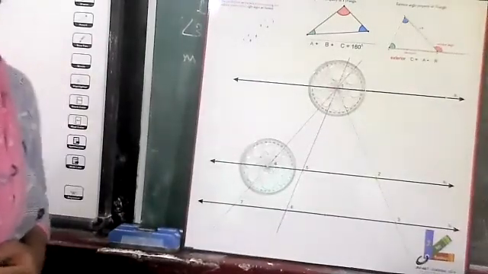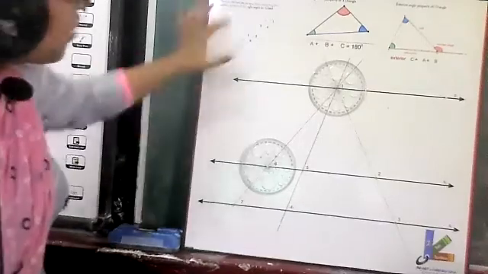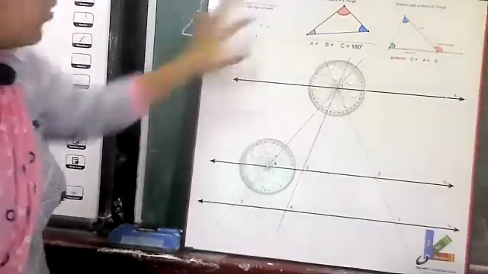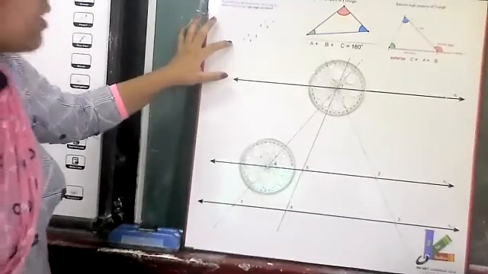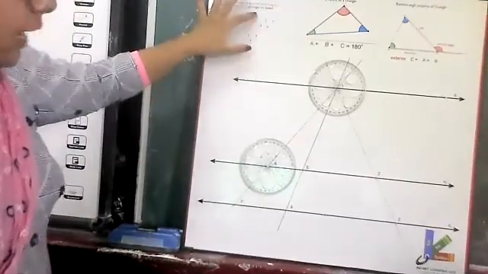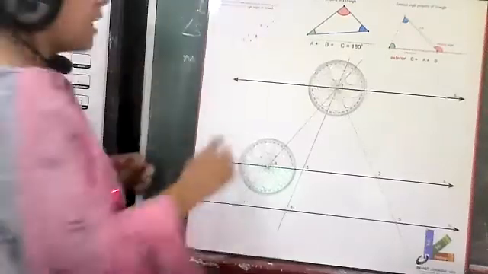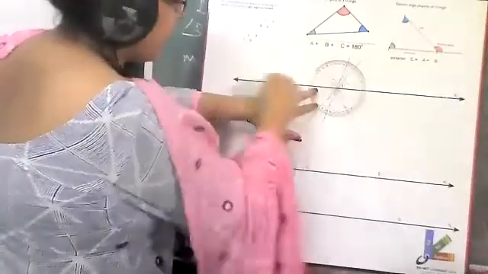Now let us see the alternate exterior angles. As we can see, 2 and 8 and 1 and 7 are two pairs of alternate exterior angles. So we are considering angle 2 and angle 8 first. As you have seen, angle 2 is the angle made by this base with the red line, and therefore I have set the 0 at this point, and this angle 2 is 125 degrees.